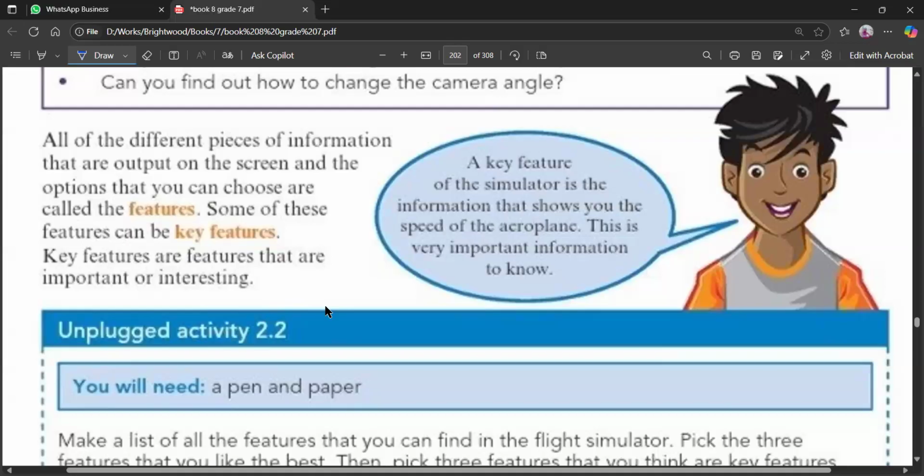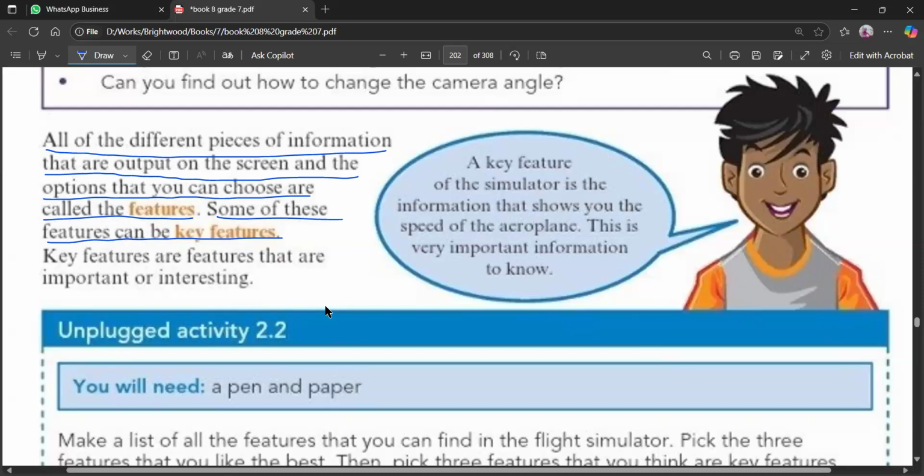All the different pieces of information that are output on the screen and the options that you can choose are called the features. Some of these features can be key features.